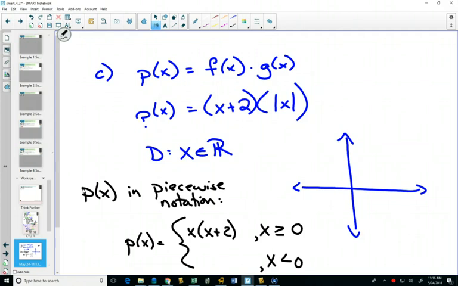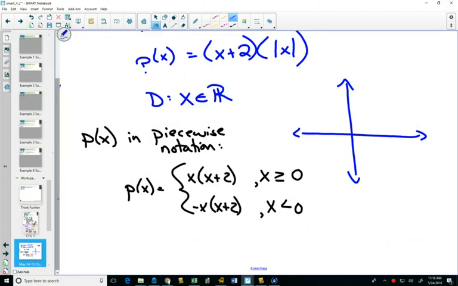And when x is less than 0, the absolute value of x is negative x. So if I multiplied that out, it would be negative x times x plus 2. Now I'm going to leave them factored because it's going to help me graph.